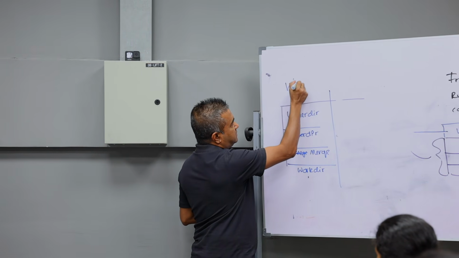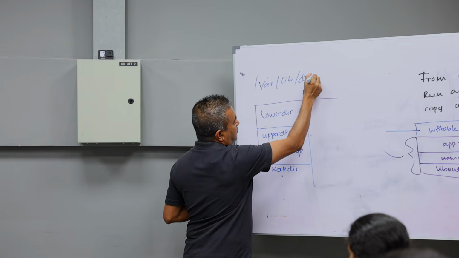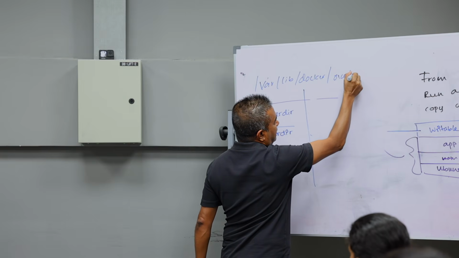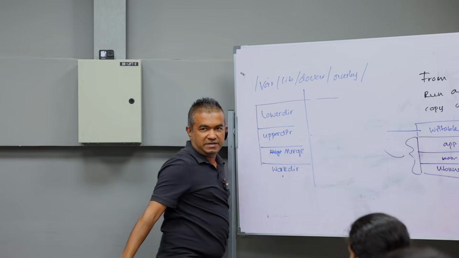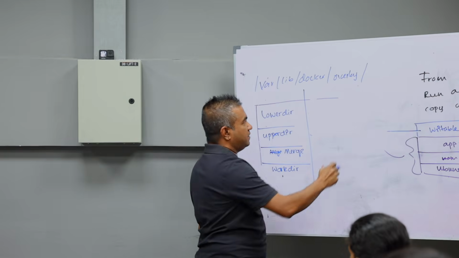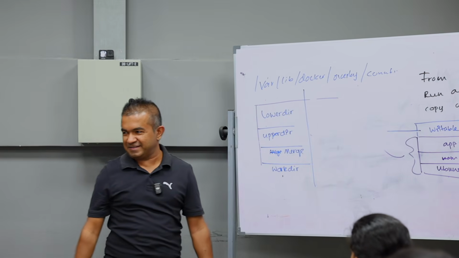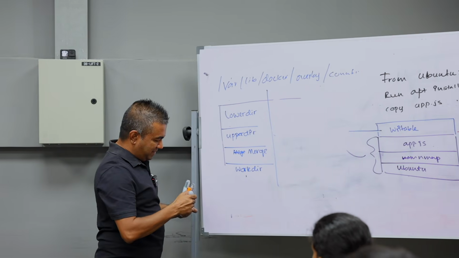I don't remember this path exactly, but as I remember, it's var lib docker overlay, and then you have a container ID. Don't count on me for this.